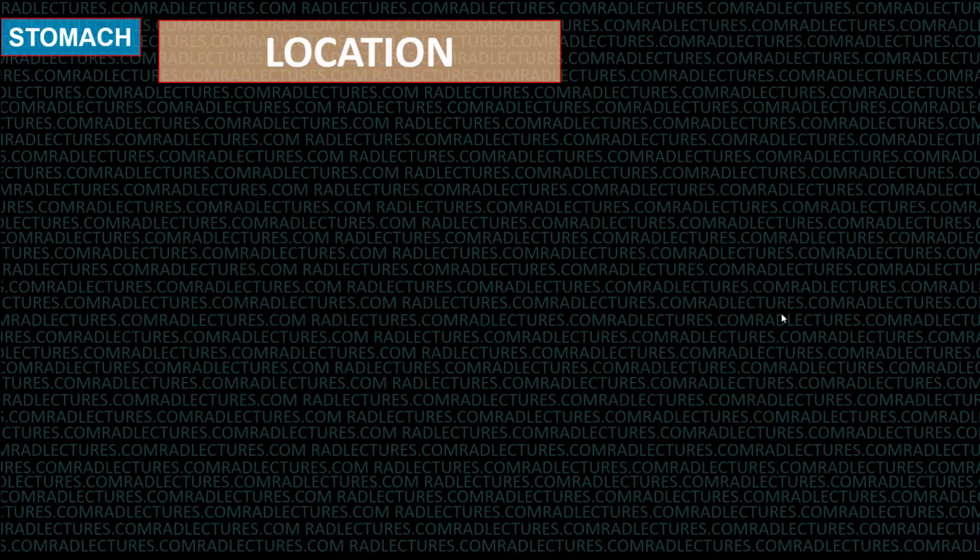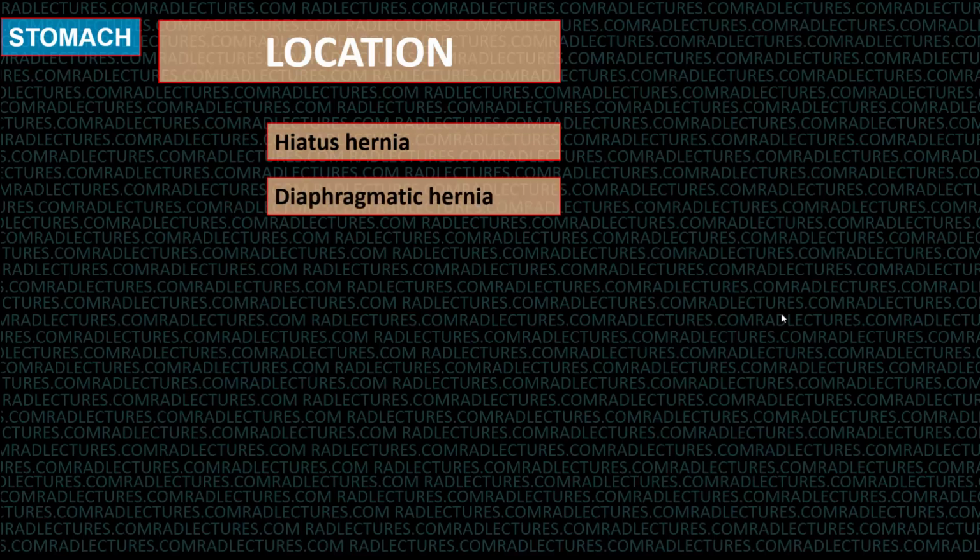The location of the stomach is in the left upper quadrant. However, the stomach can be dislocated or be in a different location because of a number of conditions. The most likely cause of malposition of the stomach is a hernia, which can be a hiatus hernia, which is the commonest, or a diaphragmatic hernia, which can be traumatic or non-traumatic, with the stomach up in the thorax, or a ventral hernia where it is anterior, and the stomach can come out through that in an epigastric hernia.